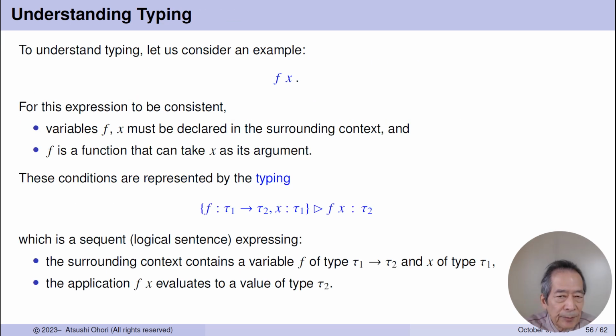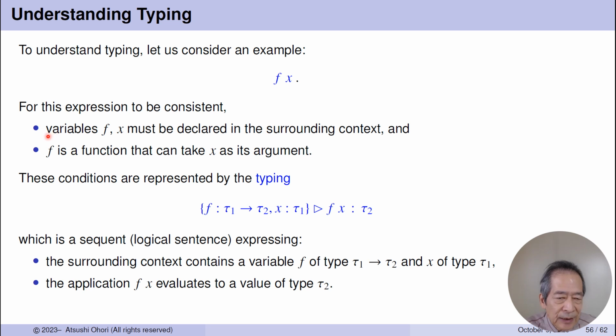The notion of typing that I just introduced is the most important building block in type theory, type system, and type inference algorithms. So let's try to understand this typing. For this purpose, let us consider an example, this very simple one. f applied to x, f and x are both variables. For this expression to be consistent, there are two kinds of conditions.